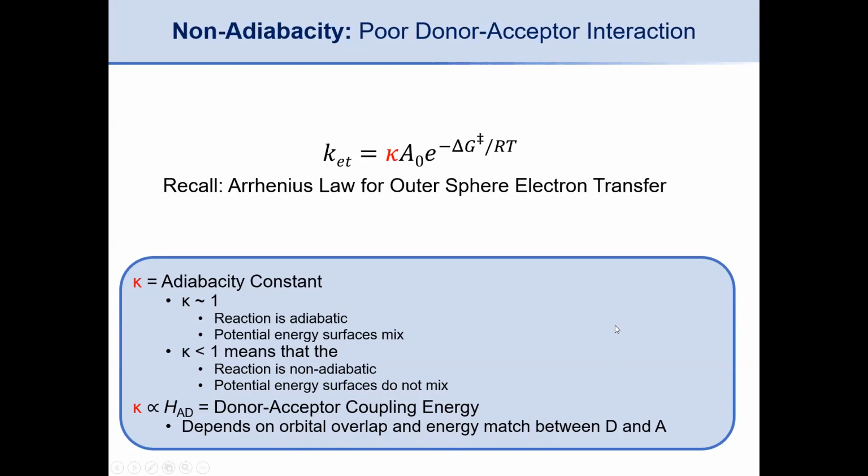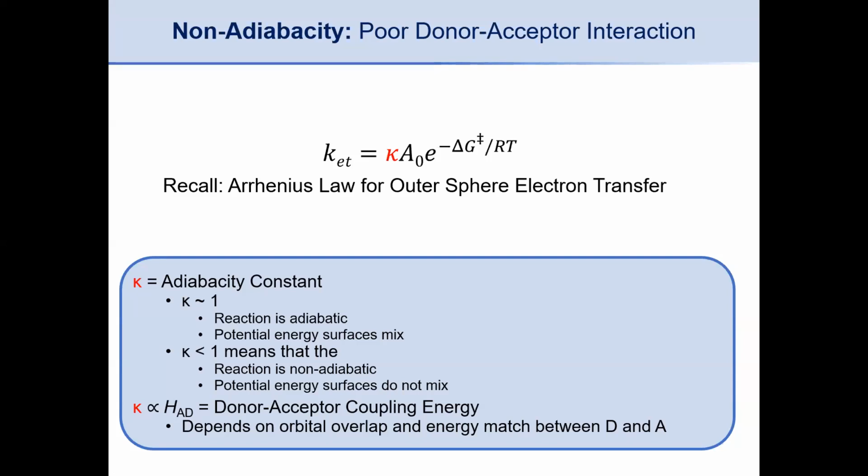So this kind of gets back into why compounds with extended pi systems, or with ligands that have extended pi systems and good electron delocalization over the ligands, tend to engage in outer sphere electron transfer much more quickly than compounds that lack this.